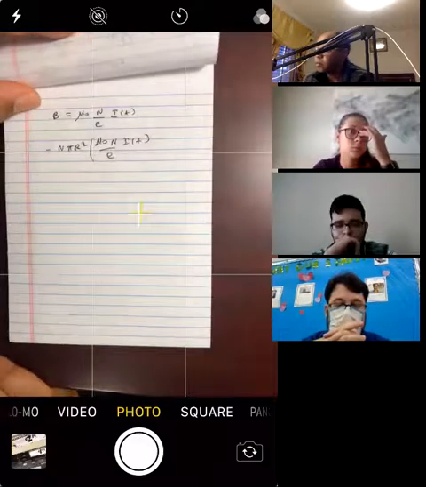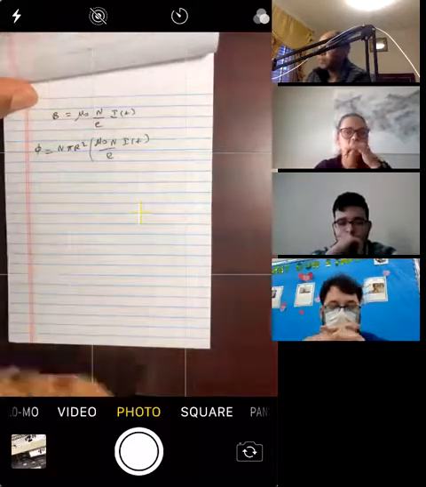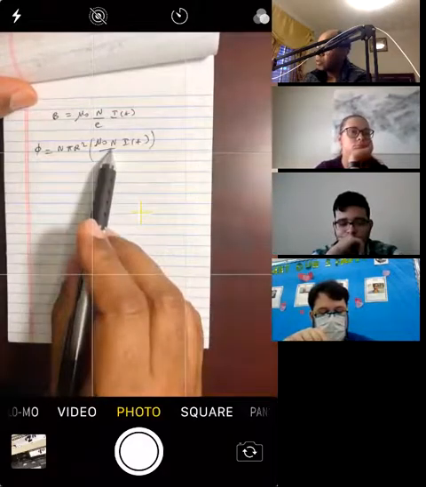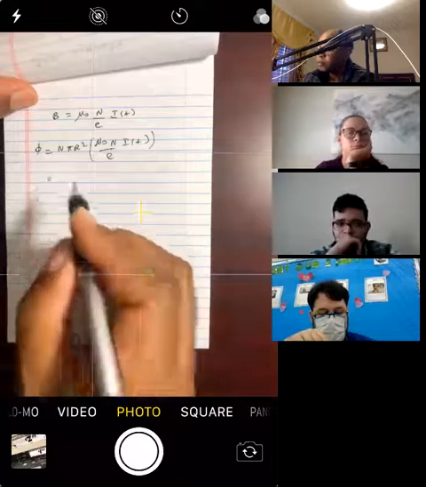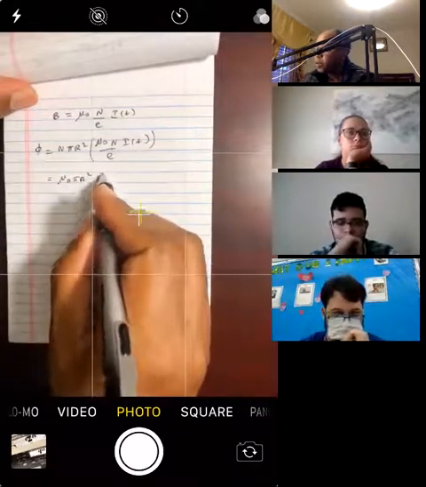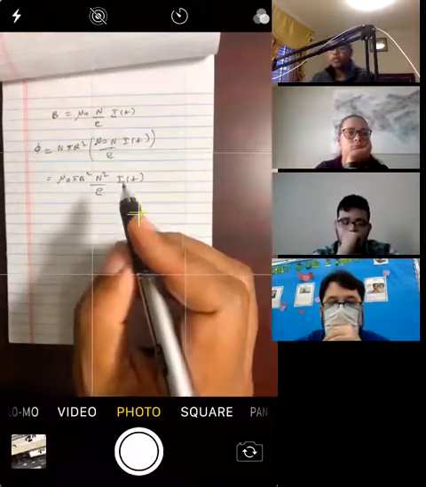Actually, this is the flux. So N pi r squared mu naught N divided by L. So we have N squared. This is mu naught pi r squared, and then N squared over L, and then times the current. So this is our flux.